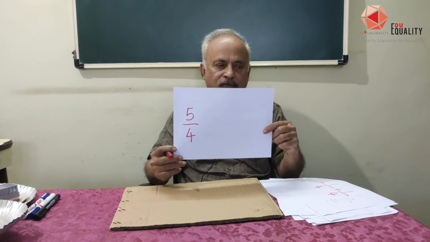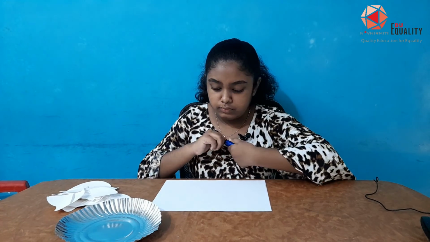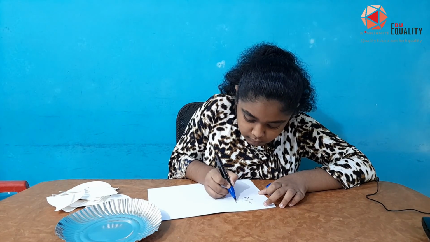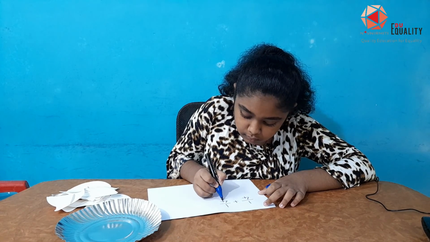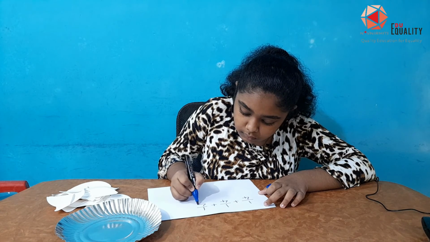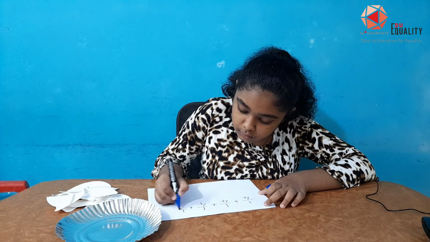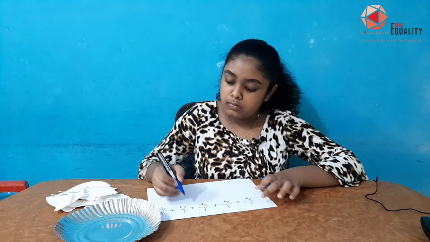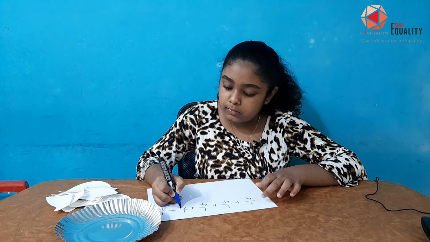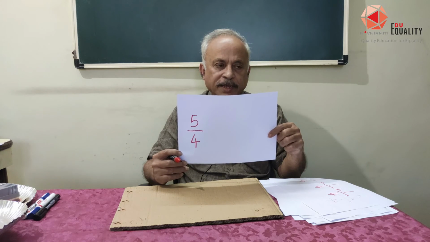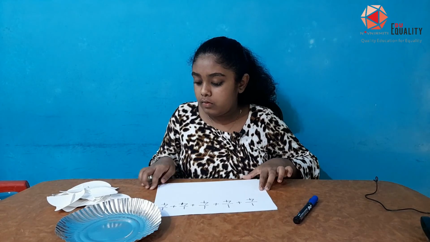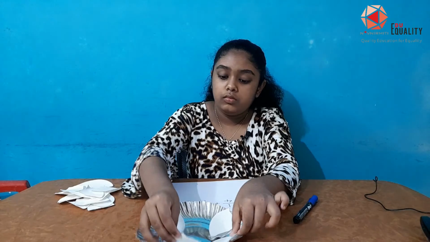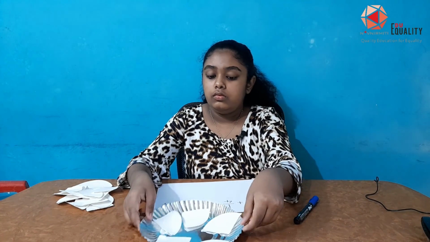You have to write the long form of 5 by 4, and you have to make that in the plate in front of you. And show that to the camera.